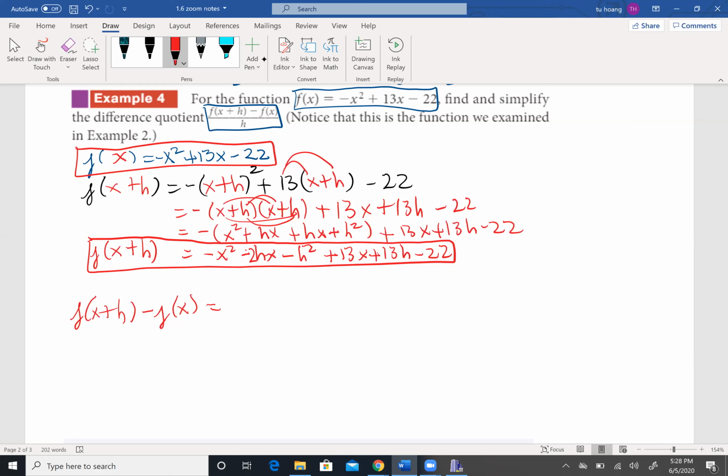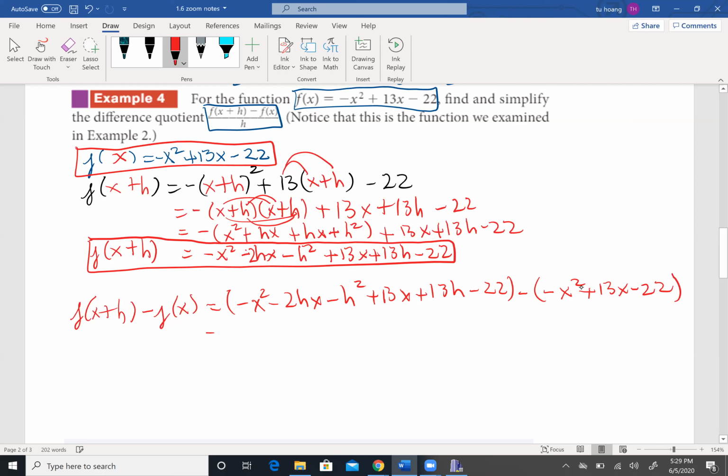Okay, so now I'm going to plug in. I'm going to substitute f of x plus h. Let's have parentheses to make sure I don't forget anything. So this is negative x squared minus 2xh minus h squared plus 13x and plus 13h and minus 22. And then minus f of x, which I still have to put in parentheses: negative x squared plus 13x minus 22.